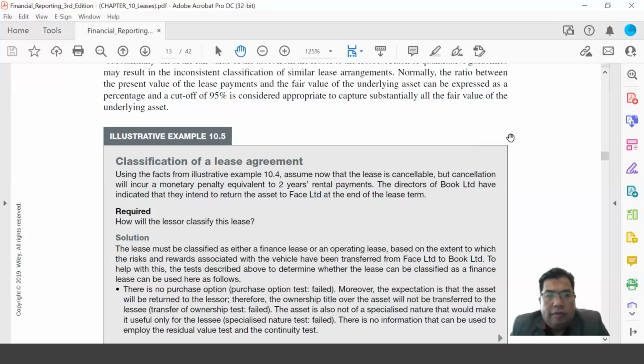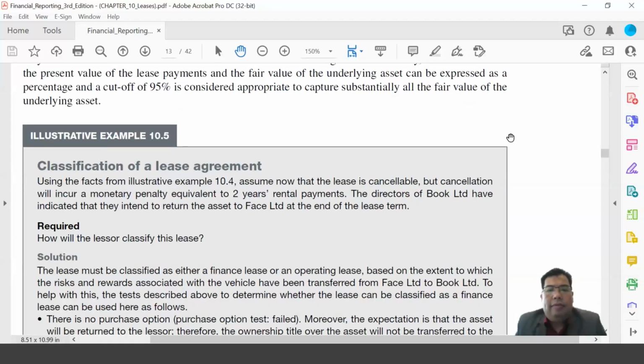Using the facts from illustrative example 10.4, assume now that the lease is cancelable, but cancellation will incur a monetary penalty equivalent to 2 years' rental payment. If you cancel, then you have to pay 2 years' rental payment. The directors of Book Limited have indicated that they intend to return the asset to Phase Limited at the end of the lease term. So how will the lessor classify this lease?